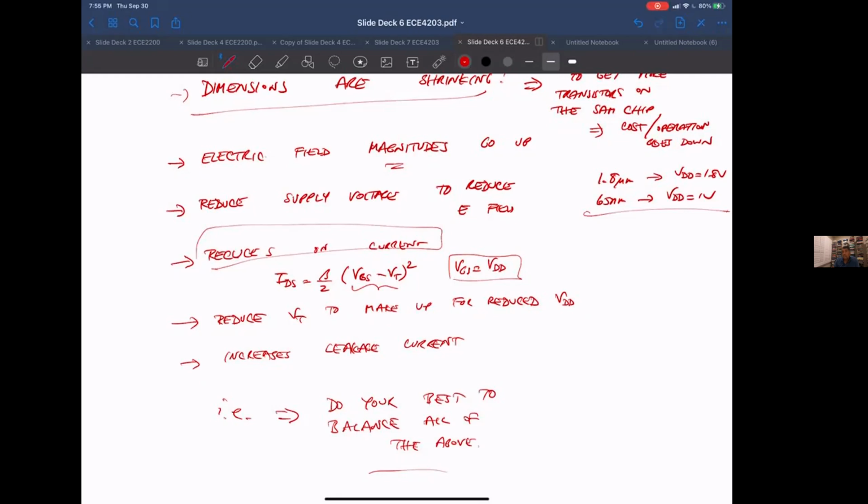Yeah, so Tunji is saying when the leakage current increases, power consumption also increases. That is correct. So power consumption increases when nothing in the circuit is happening. There are two types of power consumption. One is all the circuits that are transitioning, and then there's the power consumption of everybody else just sitting around.